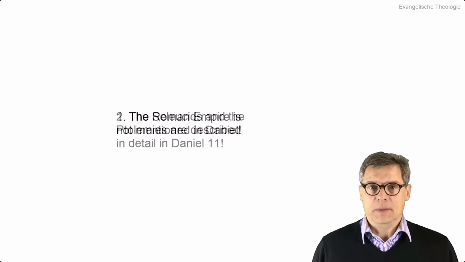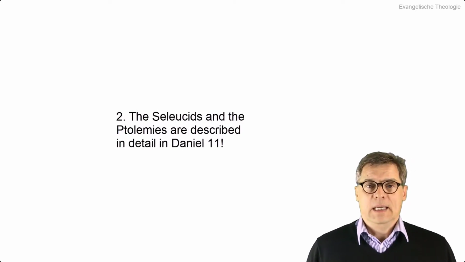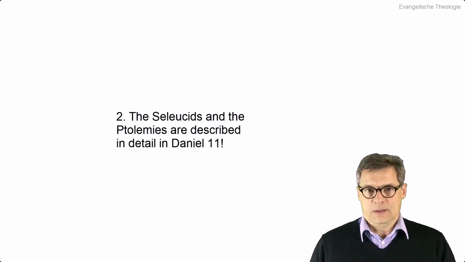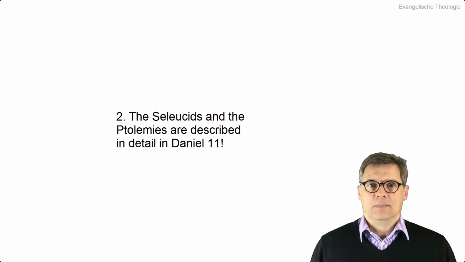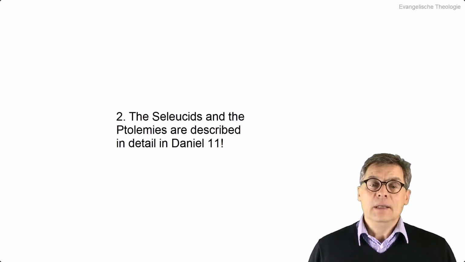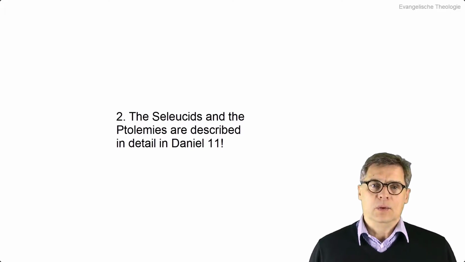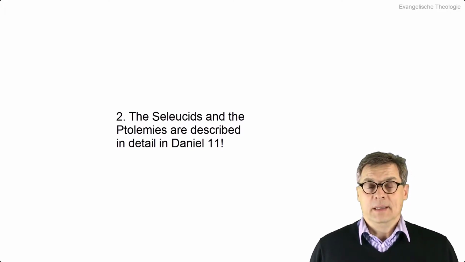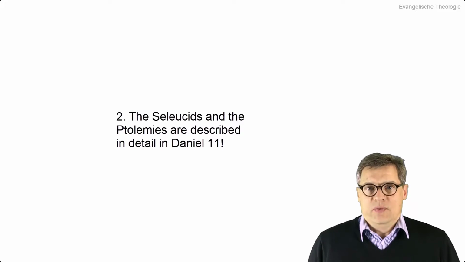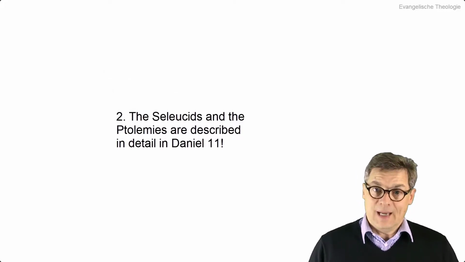And the second point is, and that is very interesting, the Seleucids and the Ptolemies are mentioned in detail in Daniel 11, as no other world empire is mentioned in the prophet Daniel. Neither Babylon, nor Medo-Persia, nor the kingdom of Alexander the Great. None of these three have been granted the space as the two dynasties of the Seleucids and the Ptolemies in Daniel 11.